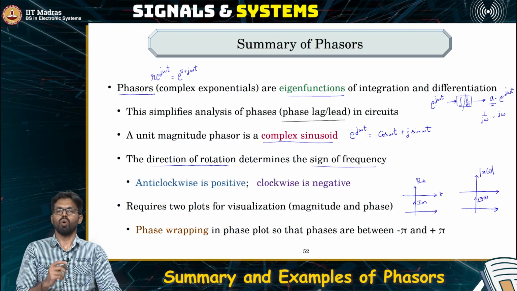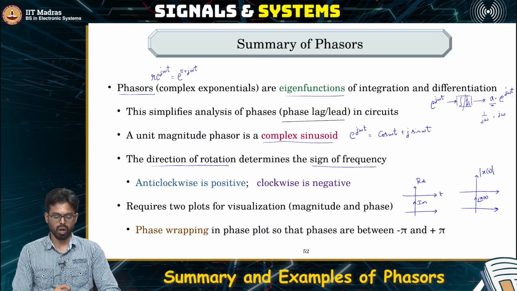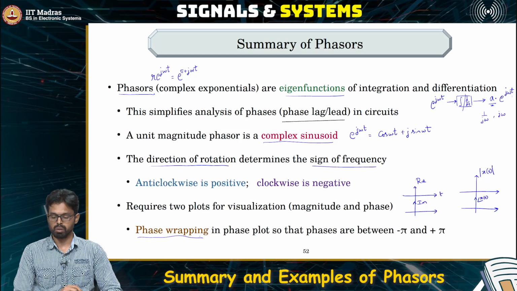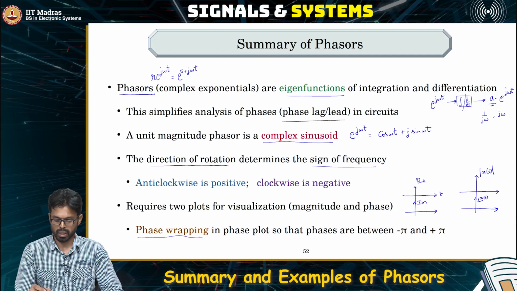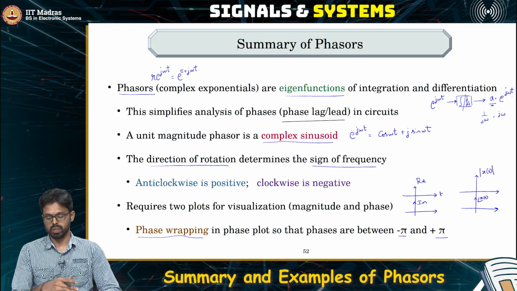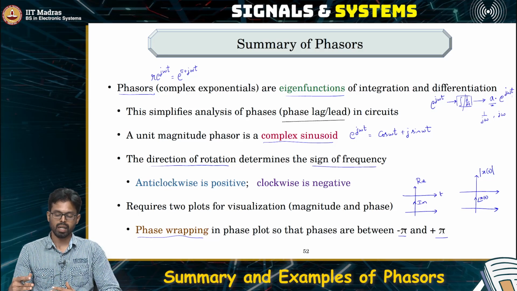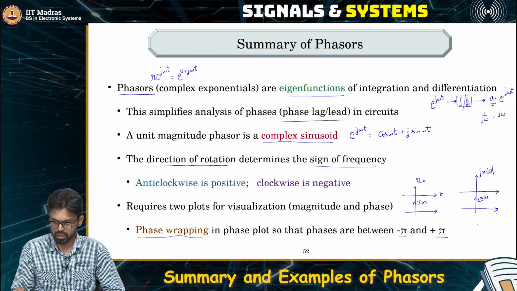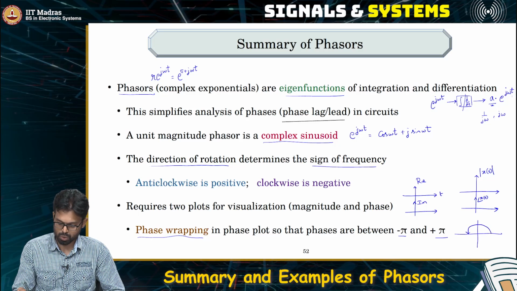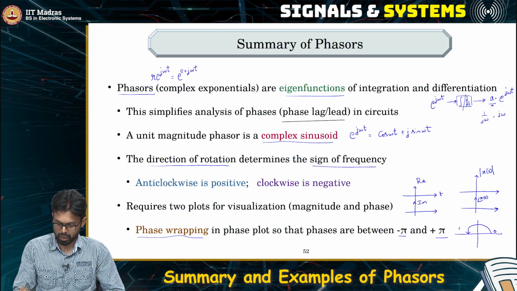What we need to keep in mind while plotting the phase plot is that phase wrapping is a phenomenon that will occur, because the values of the phases are going to be between plus pi and minus pi, or between 0 and 2 pi. Any value of phase which is beyond that has to be wrapped back. Anything in these two quadrants is between 0 and pi.